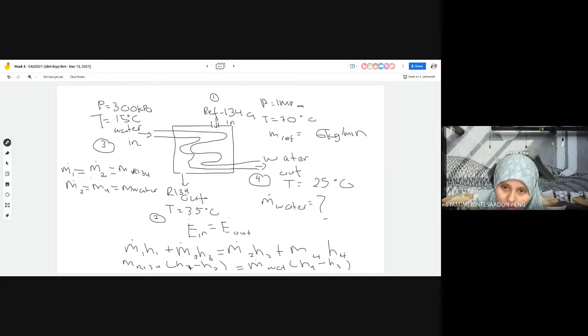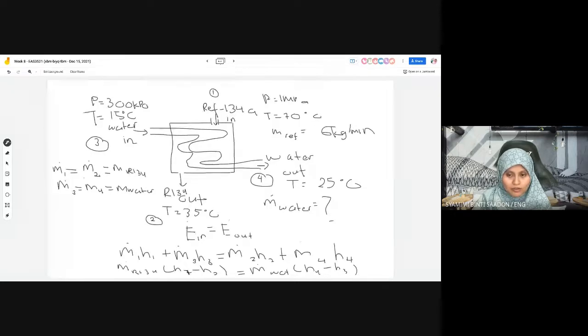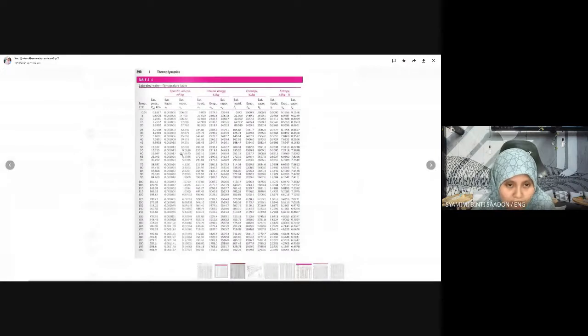Okay, we can use table A4 for water, liquid. Water H in, H3: 300 kilopascal, 15 degrees Celsius.